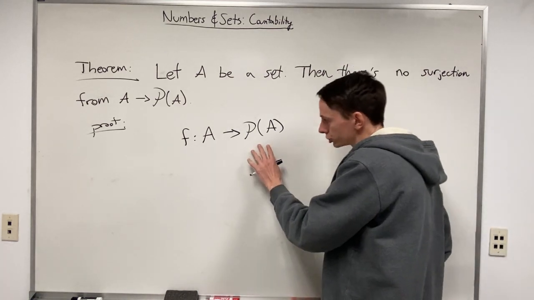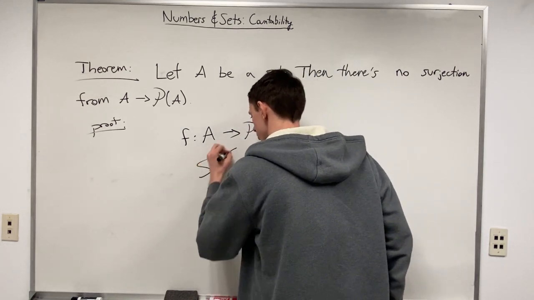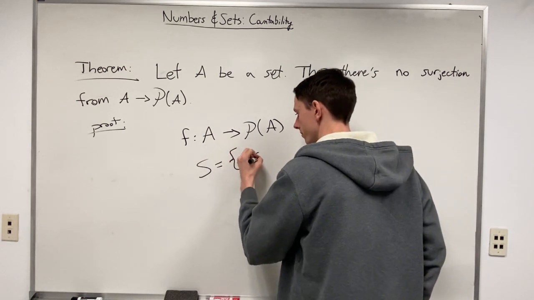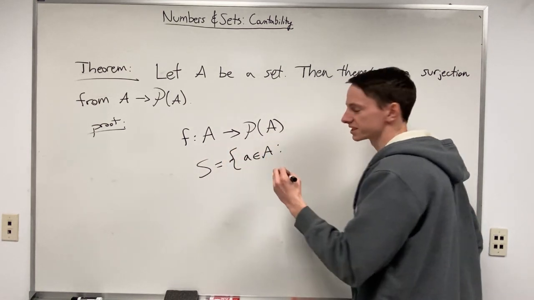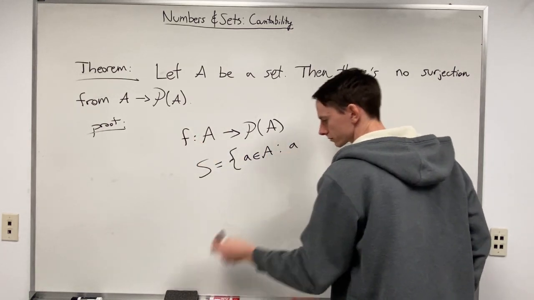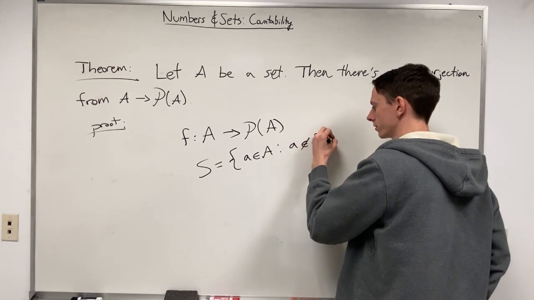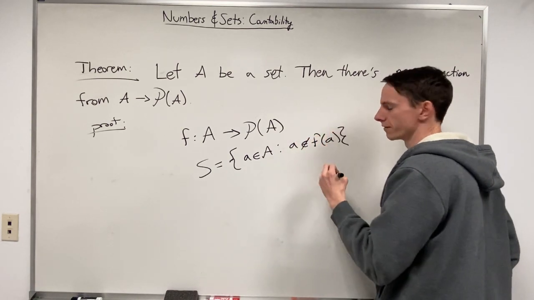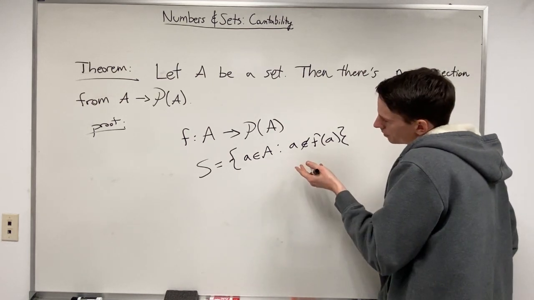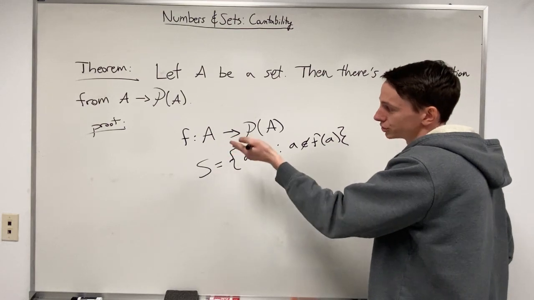What we can do is construct a set in this codomain, which is going to be the elements from the domain such that A is not an element of f of A, like this. Okay? And by doing this, you use the exact same logic to show that this is not surjective.